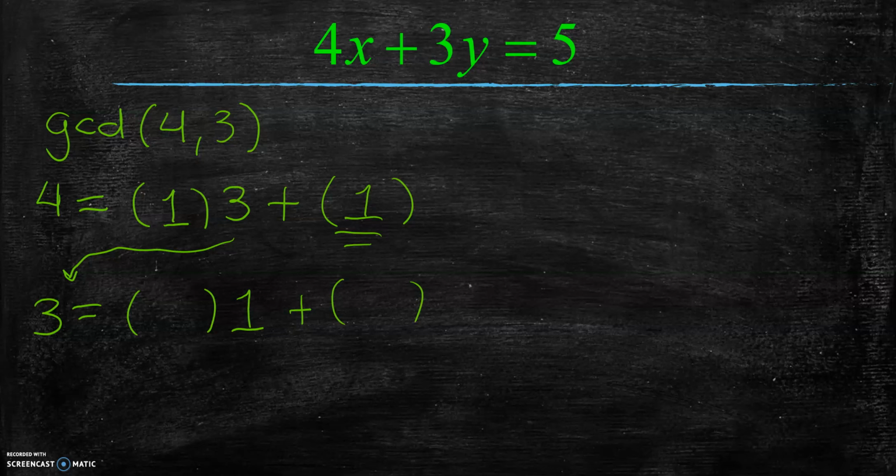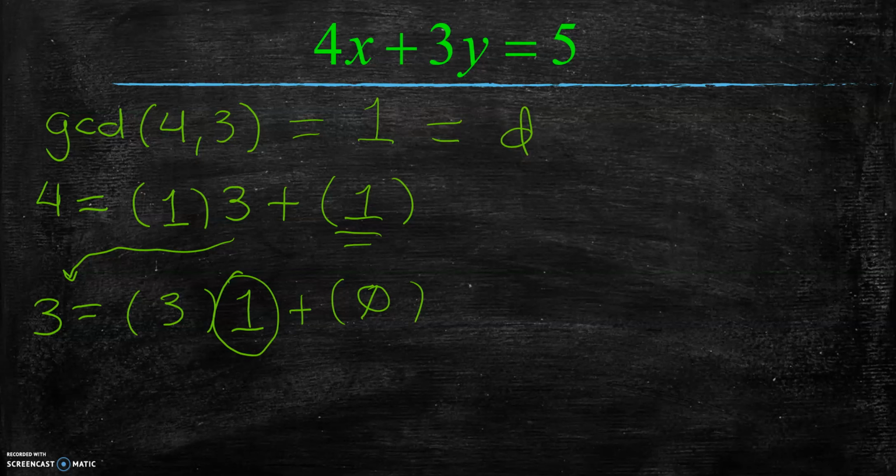And that something is going to be 3, because 1 goes into 3 three times, and we're left with a remainder of 0, which is what we wanted. So now we know that the GCD of 4 and 3 is 1. Let's call this d.